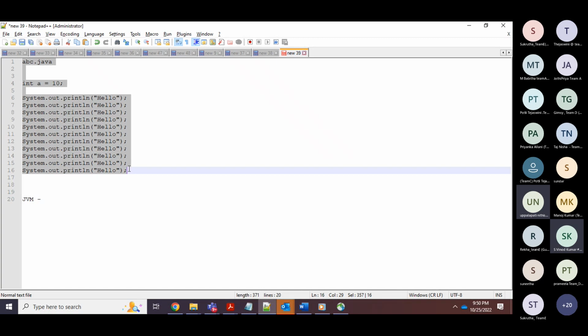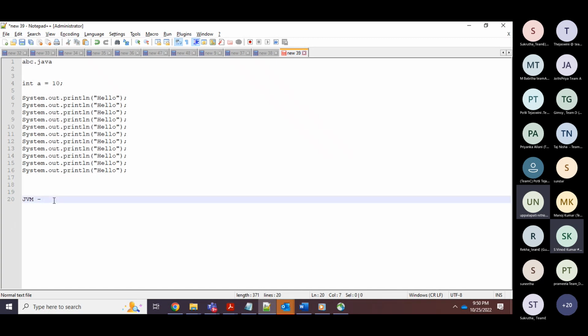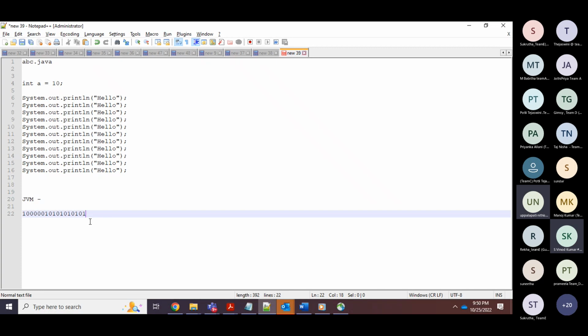So this guy will change all these lines of code, 16 lines of code, into ones and zeros, something like this, and he will give it to the processor. Boss, this guy is asking to execute this one. I changed all your lines into ones and zeros, so execute.